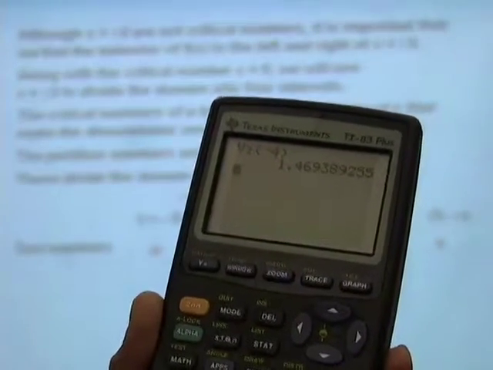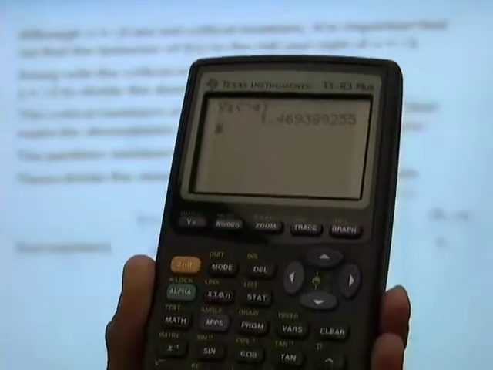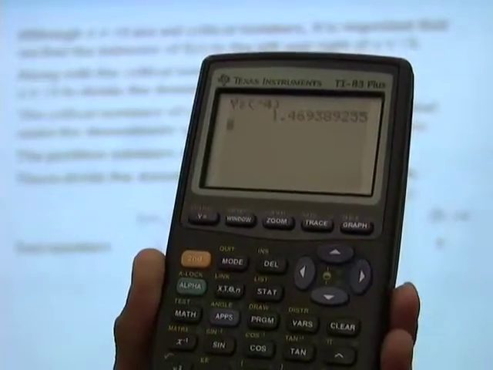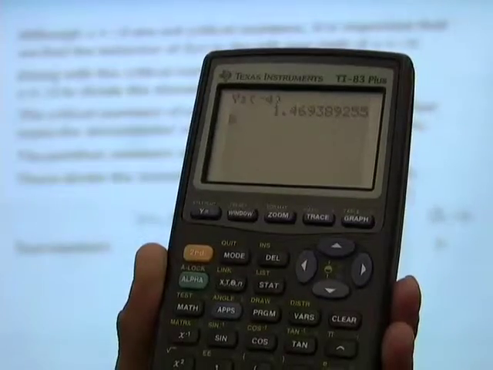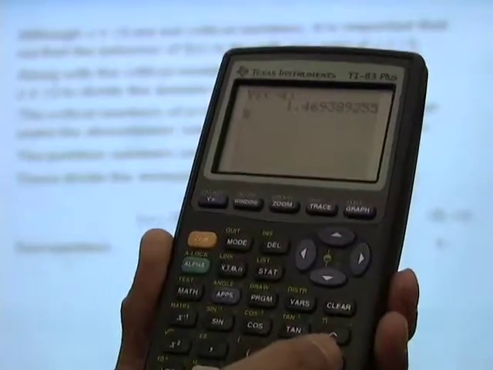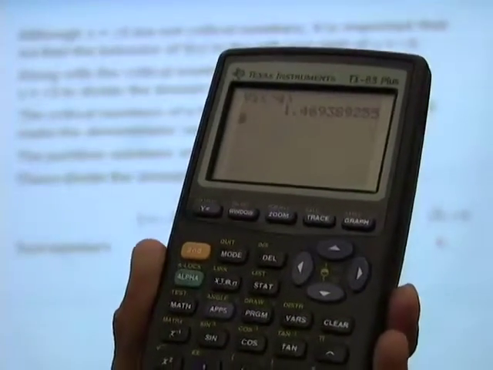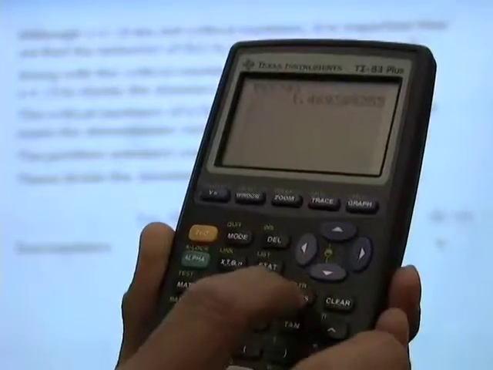We are not interested in the value. We are interested in whether the derivative is positive or negative. So at x equal to negative 4, the derivative is positive. Let's find the next test number, negative 2. So let's repeat it.